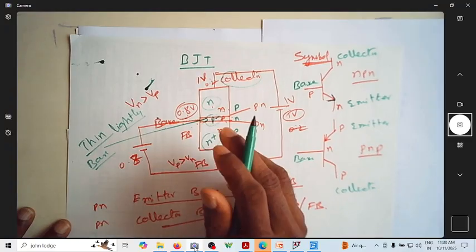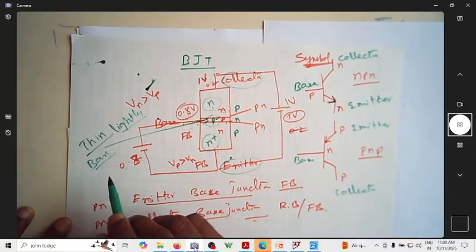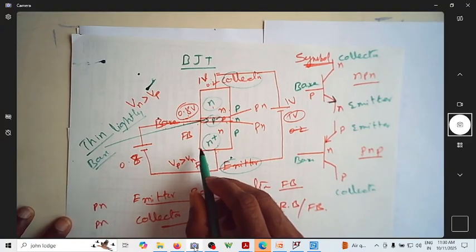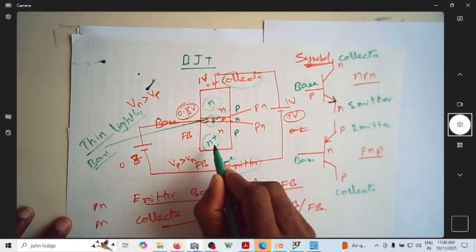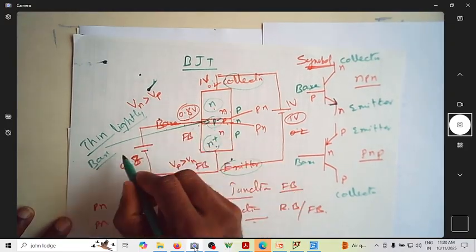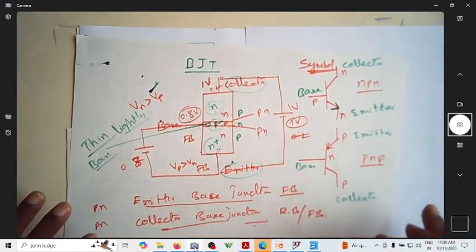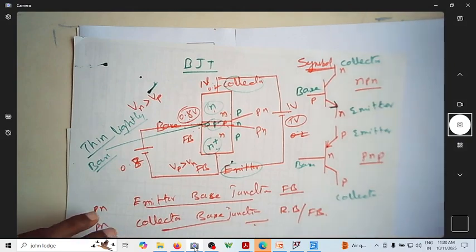This is called the base because it can control the number of electrons reaching the collector. Coming to the concentration of doping, the emitter is heavily doped, the base is lightly doped, and the collector is moderately doped. That's what we discussed in the previous slide.